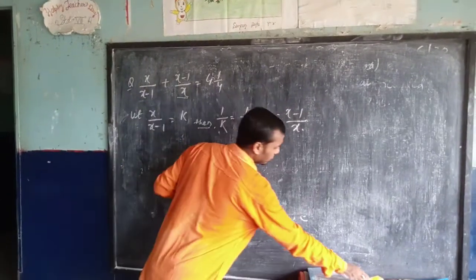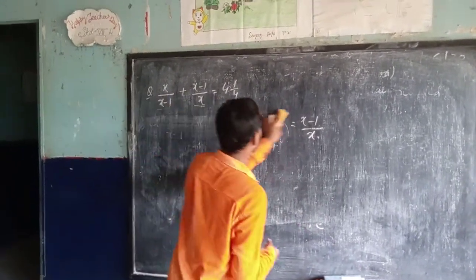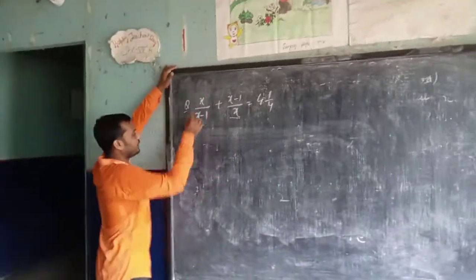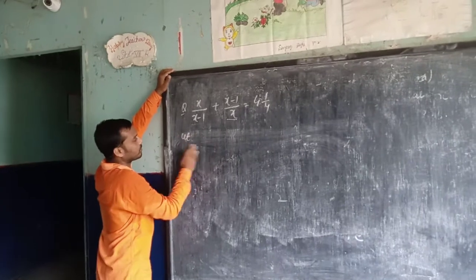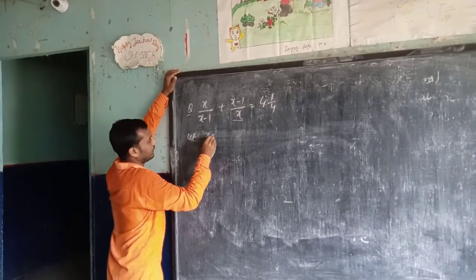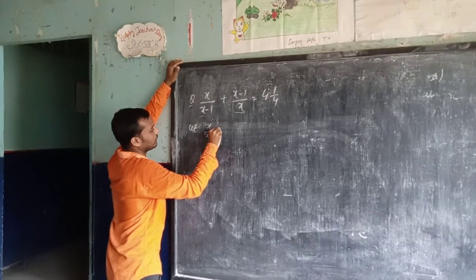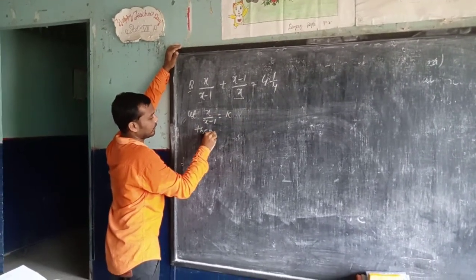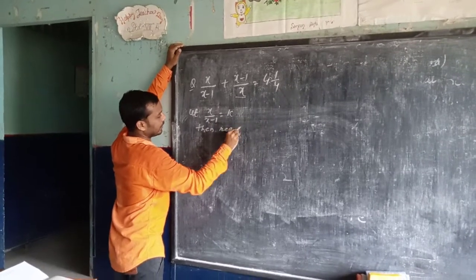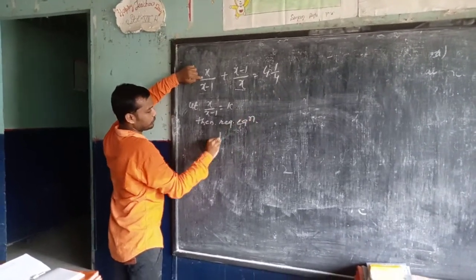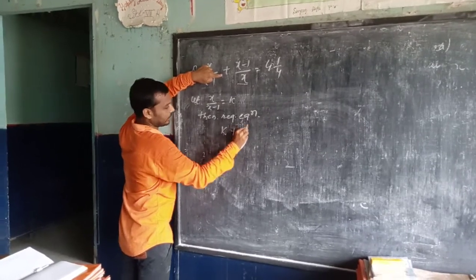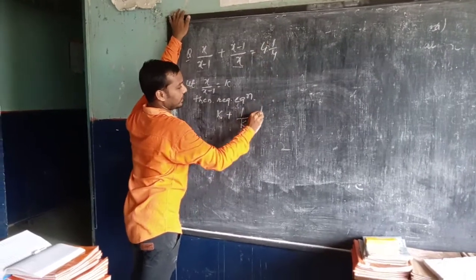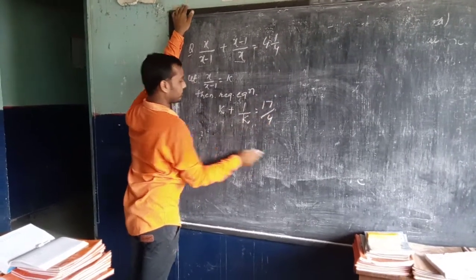Then for this equation, student, if we let x by x minus 1 equal to k, the required equation becomes: at this place we write k, at this place we write 1 by k, that is 4 plus 1 by 4, 4 fours are 16 plus 1 is 17 by 4.